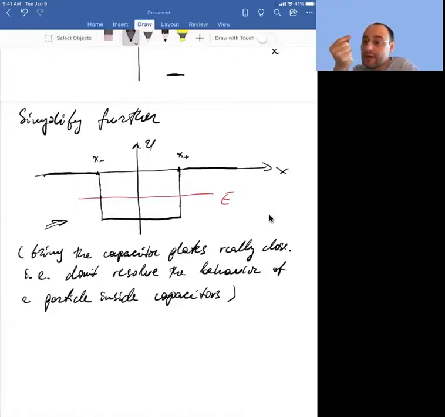It will experience an infinite stopping force, but over infinitesimal distance. Yet the potential energy difference is still finite. That's what happens when you bring the plates close together. And the particle will shuttle between x plus and x minus like a bead in a pinball machine, ping, ping, ping. That's what this graph is telling us.